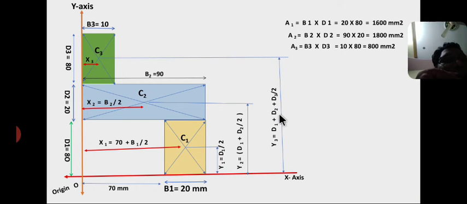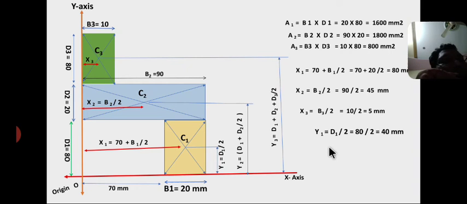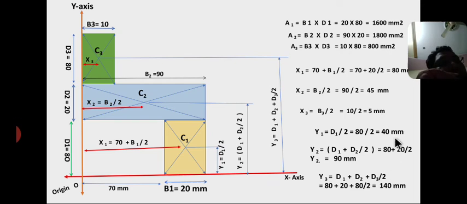So y3 equal to d1 plus d2 plus d3 by 2. From the figure, x1 equal to 80 mm, x2 equal to 45 mm, x3 equal to 5 mm, y1 equal to 40 mm, y2 equal to 90 mm, y3 equal to 140 mm.